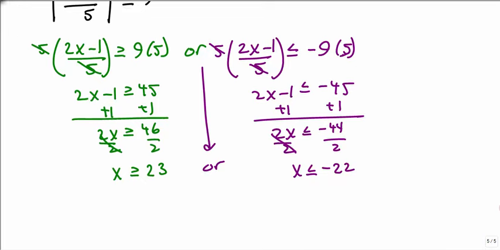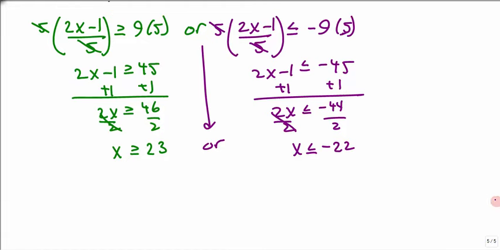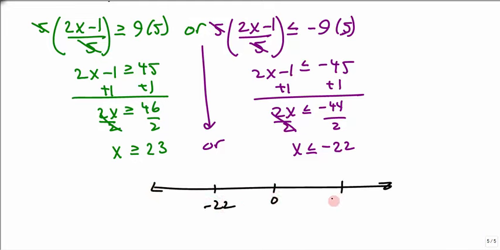Let's go ahead and put these on a number line, and then we'll put our solution in interval notation. So here's a negative 22, here's a 0, and a 23. This is greater than or equal to 23, so that's a bracket because I have equality. Greater than is to the right. Negative 22, I have an equal sign, so I use a bracket, and I'm using less than.